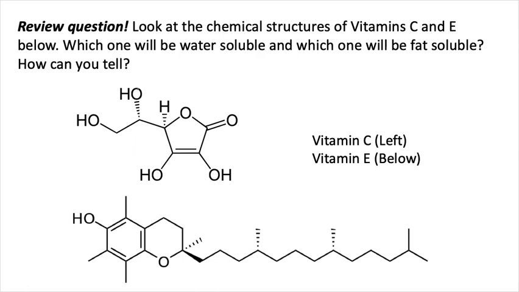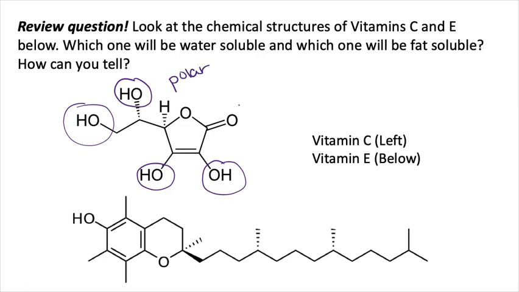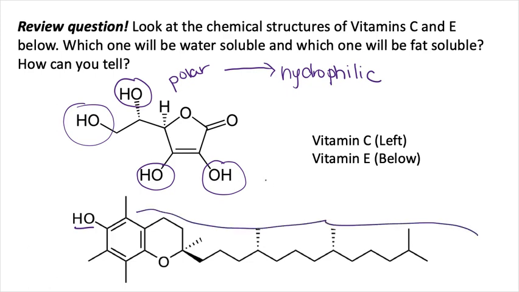This vitamin right here is chock full of hydroxyl groups. And what we know about hydroxyl groups is that they are polar, and this will contribute to a more hydrophilic property. So things with polar covalent bonds are more likely to be hydrophilic. Here we've got one hydroxyl group, but then for the most part, we've got a long tail of mostly carbon and hydrogen.